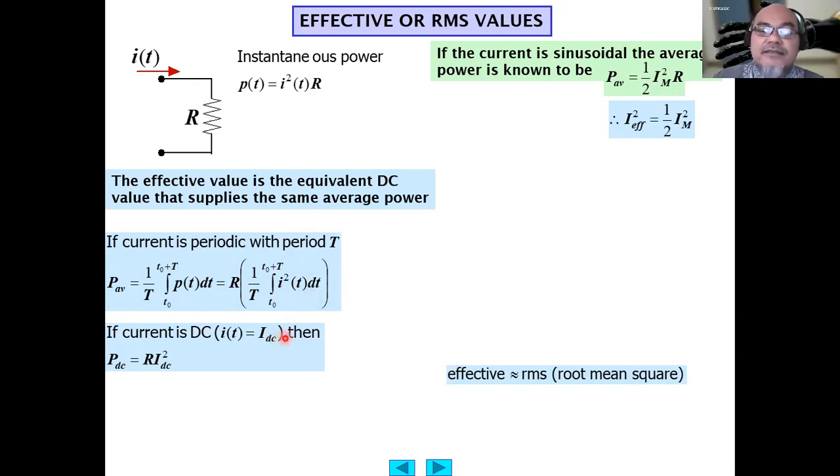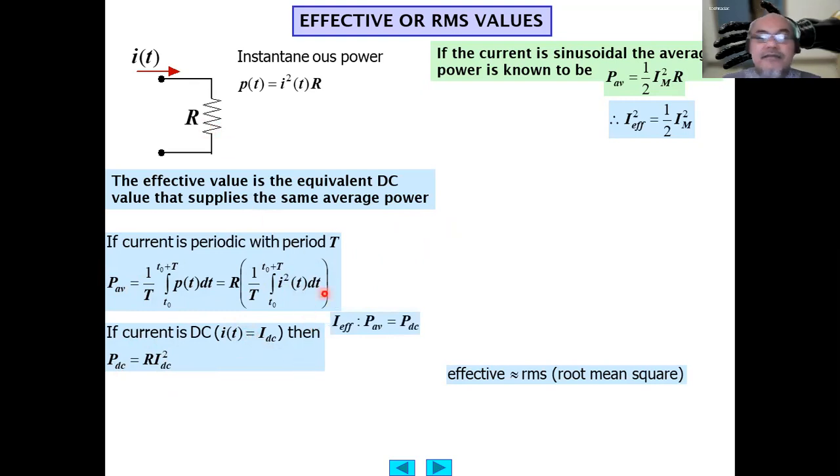If the current is DC, constant, then we know that i(t) is a constant with time, doesn't change with time. So it equals I DC. So the integral from T0 until T0 plus T will be I squared DC times large T. Large T divided by T, they cancel each other. So the average power for DC current will be equal to R I DC squared, like this.